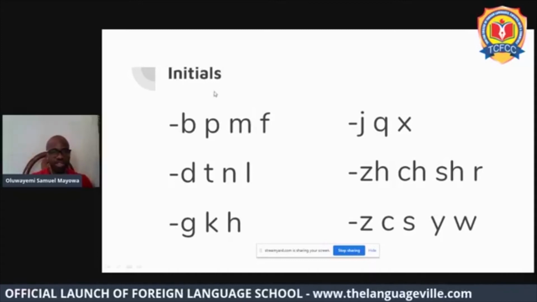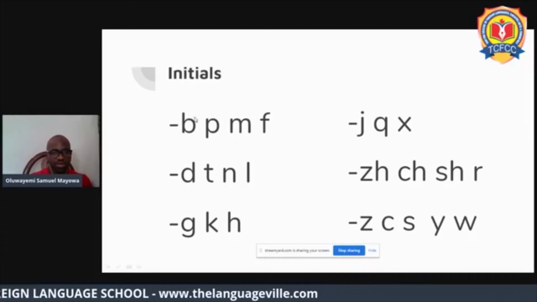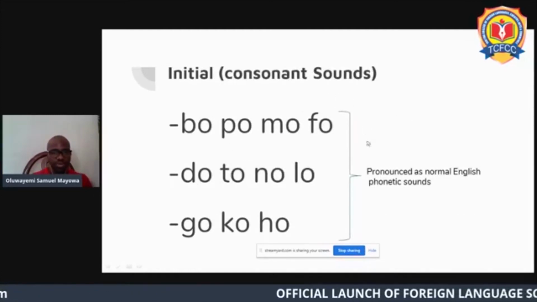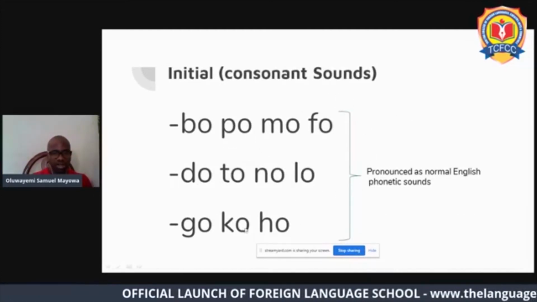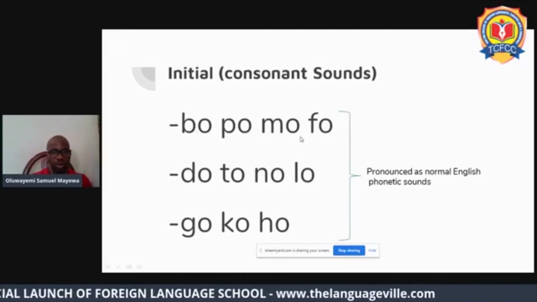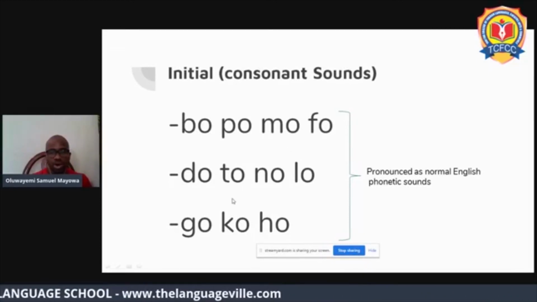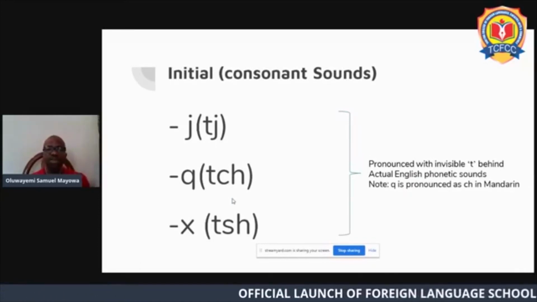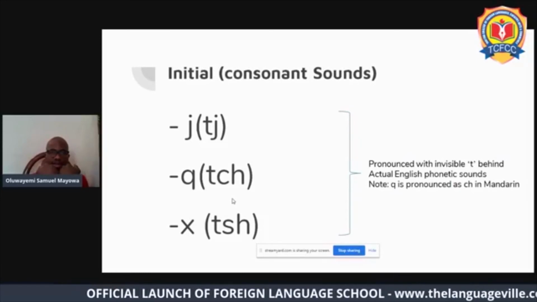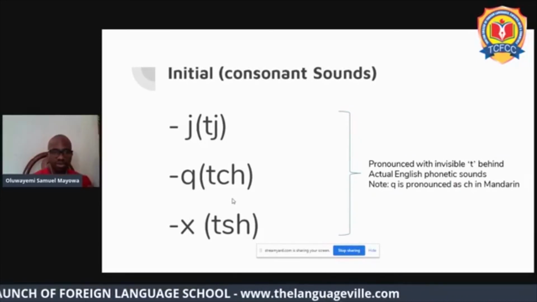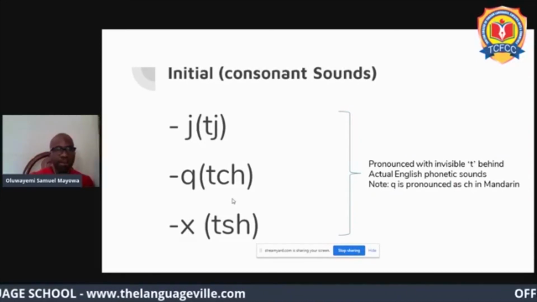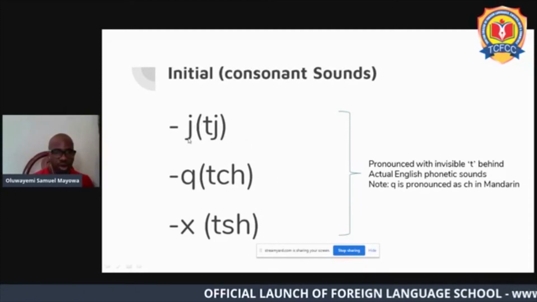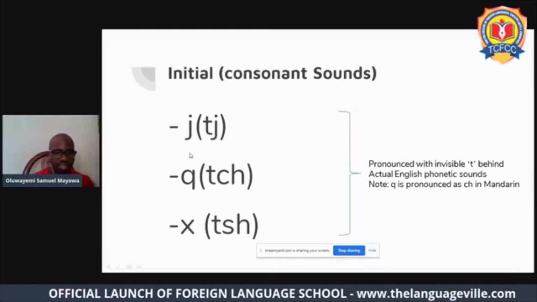So these are the initials. The first set of initials are those that sound like English sounds. I'll share the slide. This is bo, po, mo, fo, de, te, ne, le, ge, ke, and the other ones sound as if there is a T behind them. So this is like a map for these sounds.